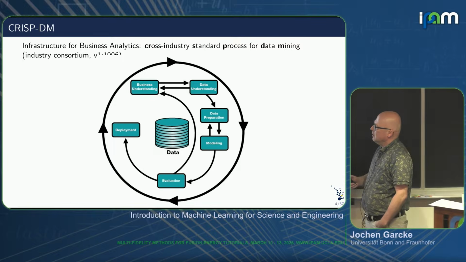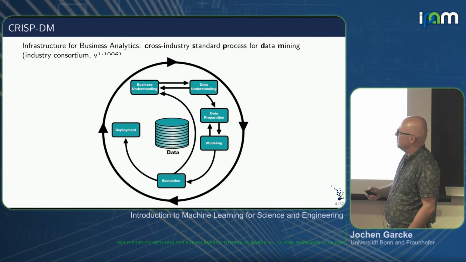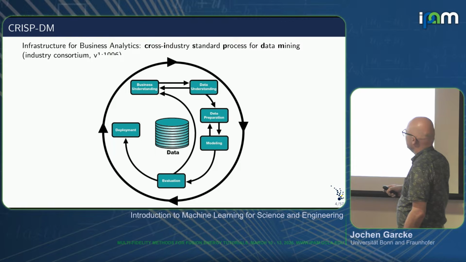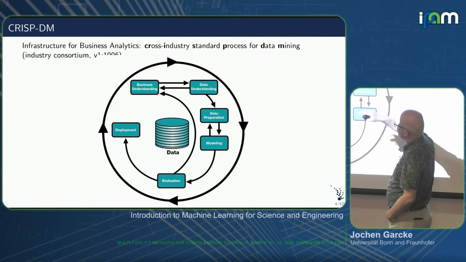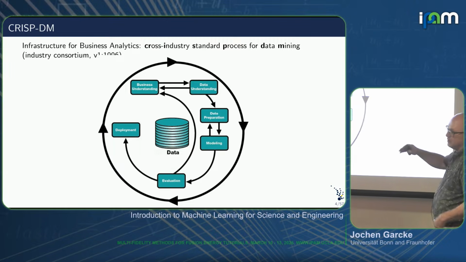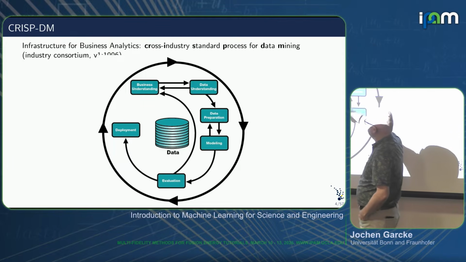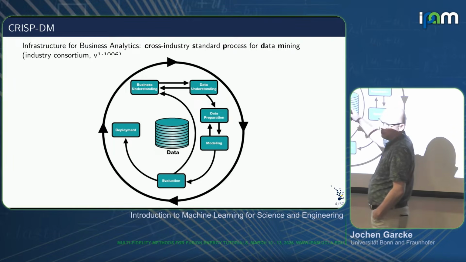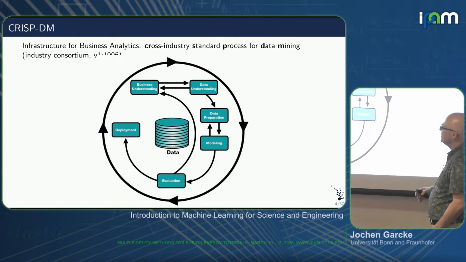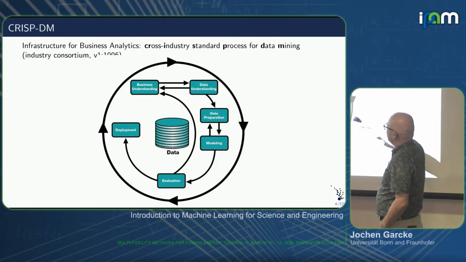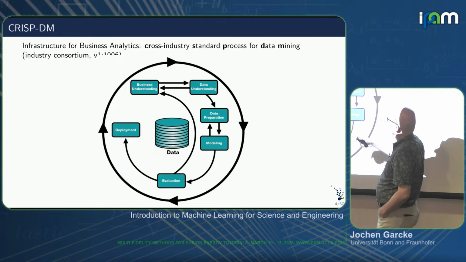The workflow is a kind of circle. This was first developed for business analytics, but it works for any kind of approach. So we start with: what is the problem, the task we are actually interested in? Worry about what kind of data I have.